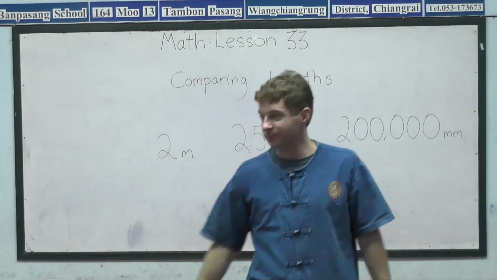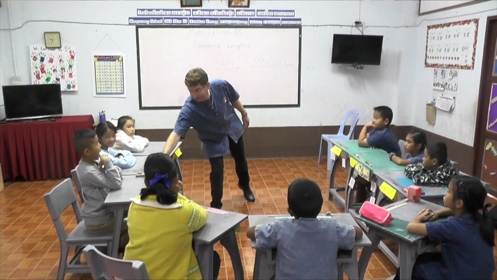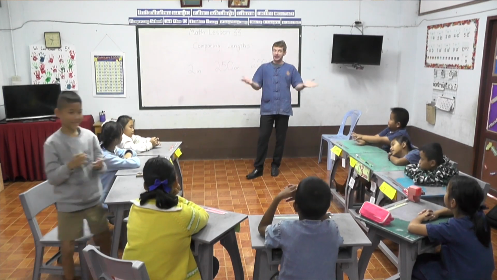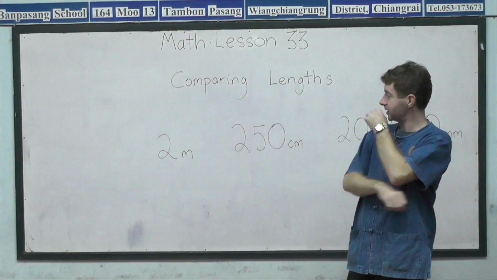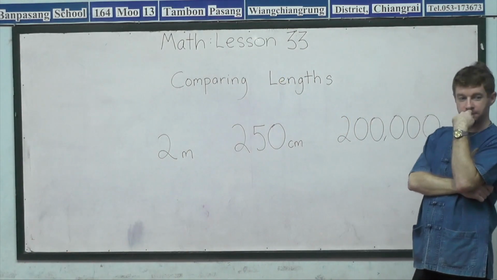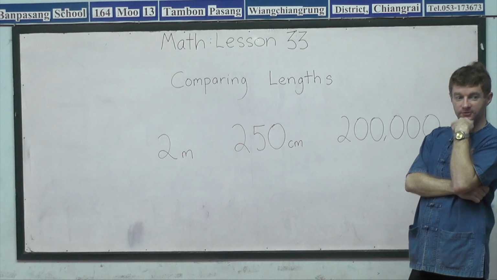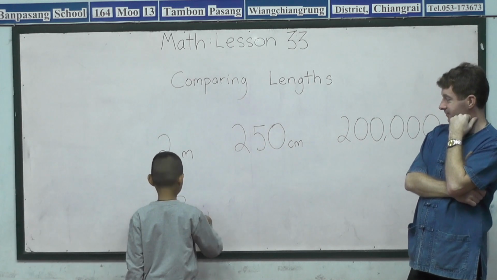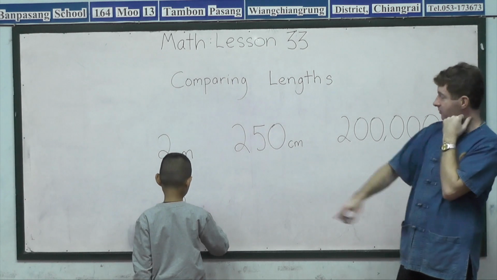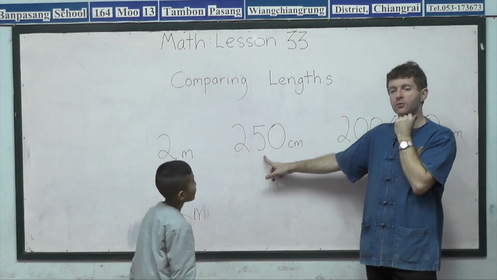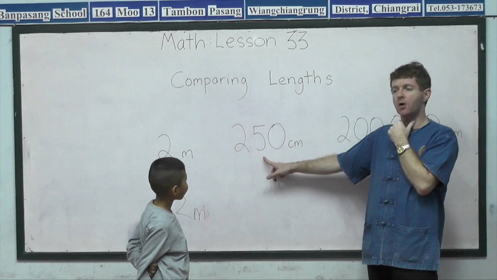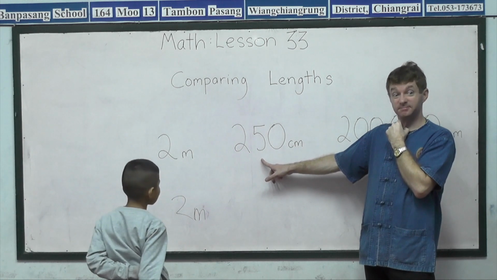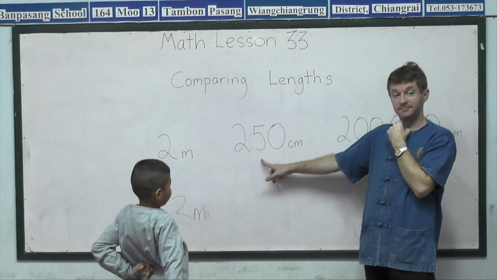Okay, so, whose hand went up second? Pang Pong. But we can help each other. What do we think? Which is the shortest? 2 meters. Because, how do we know 250 centimeters is longer? 100 centimeters equal 1 meter.